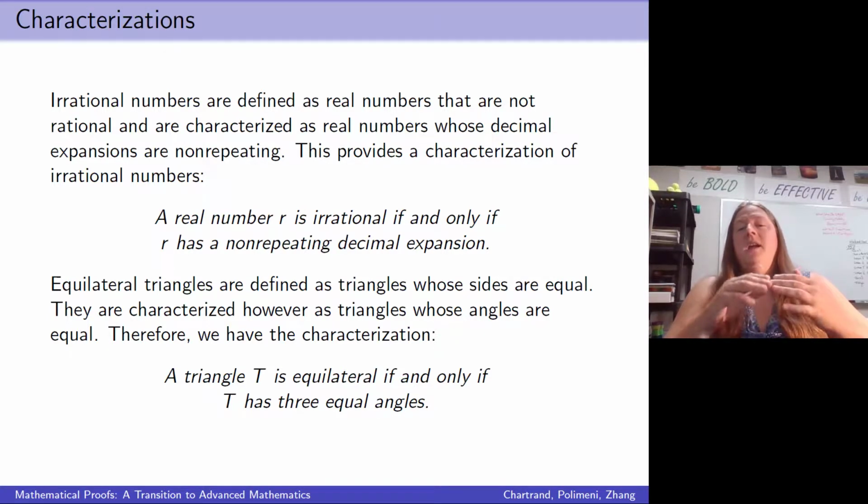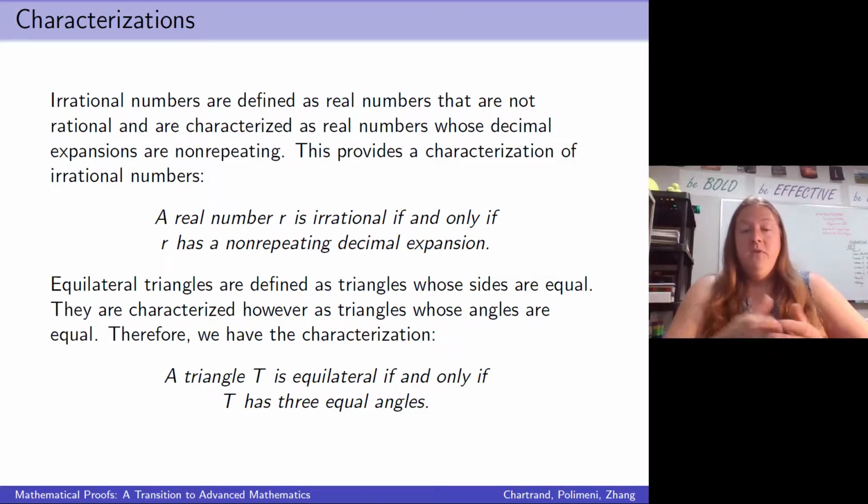This gives us a characterization of an irrational number. We can write this as a real number r is irrational if and only if r has a non-repeating decimal expansion. It should be noted here, this non-repeating includes the zeros that go on forever at the end of a terminating decimal.